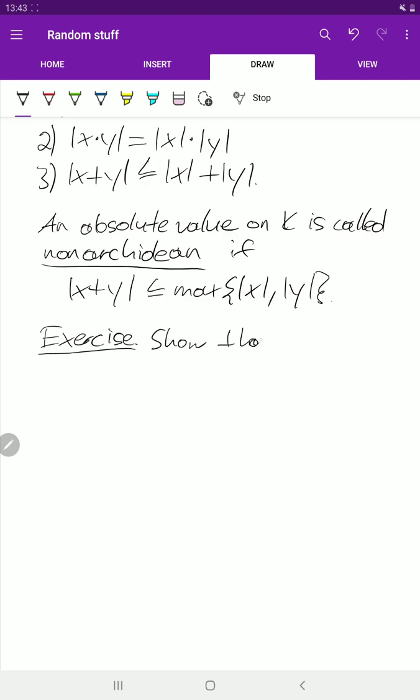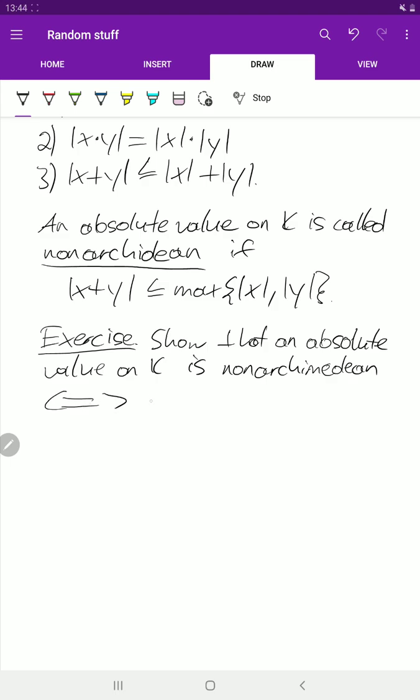Show that an absolute value on K is non-Archimedean if and only if the absolute value of n is at most 1 for all positive integers.